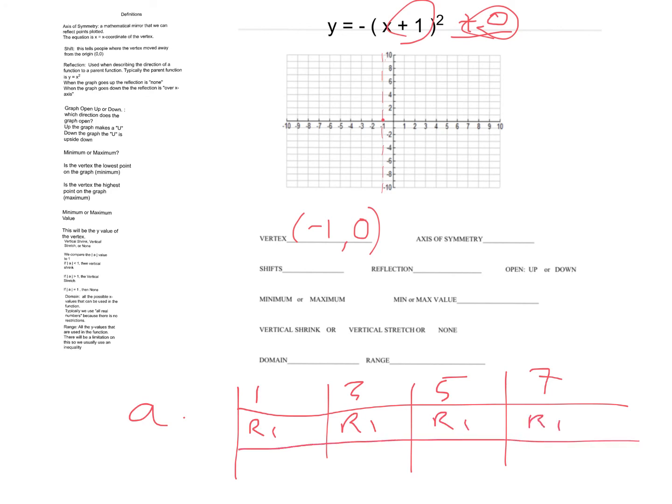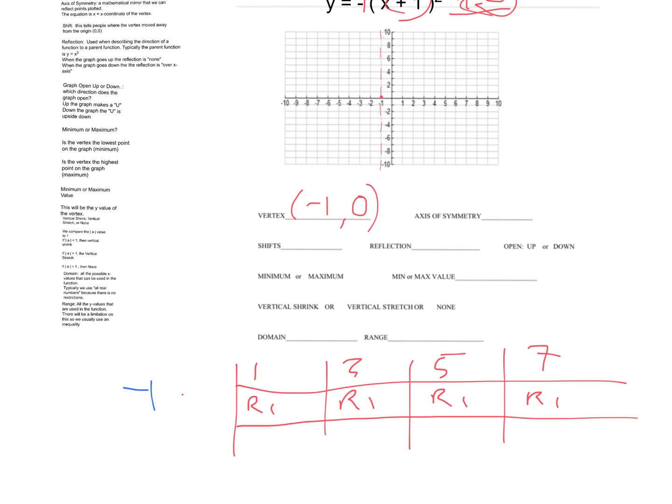My a value in this case is right there, so it is negative 1. So 1 times negative 1 is negative 1, so we're going to go down 1, down 3, down 5, down 7.